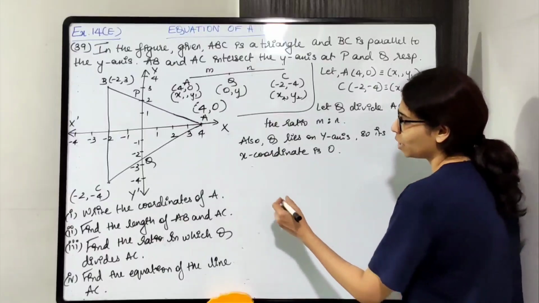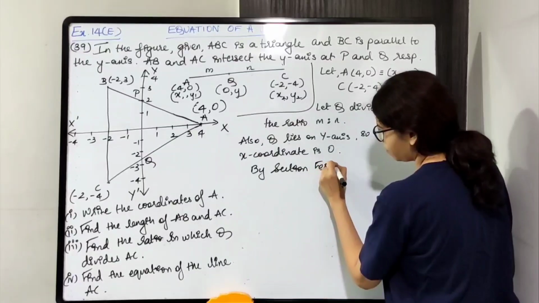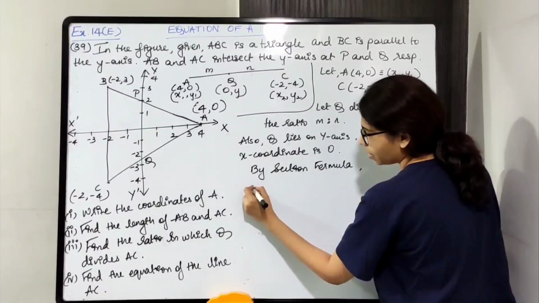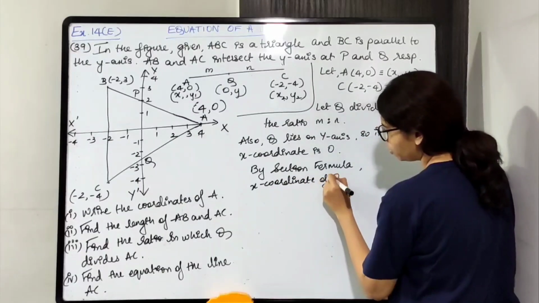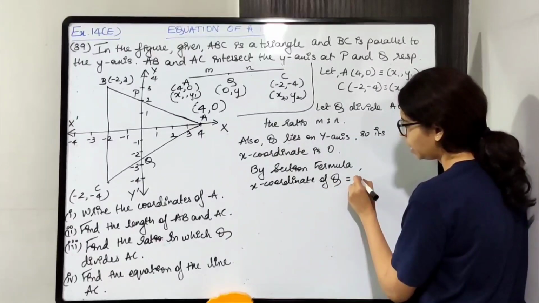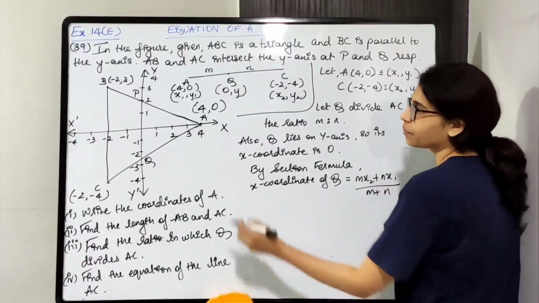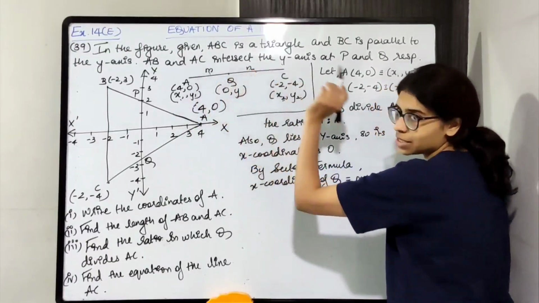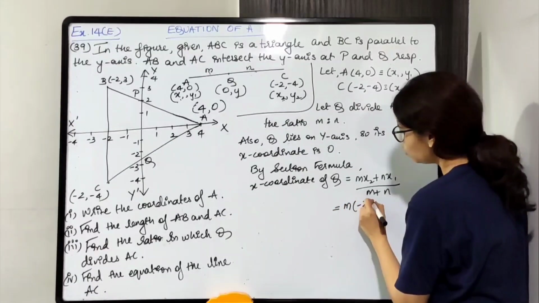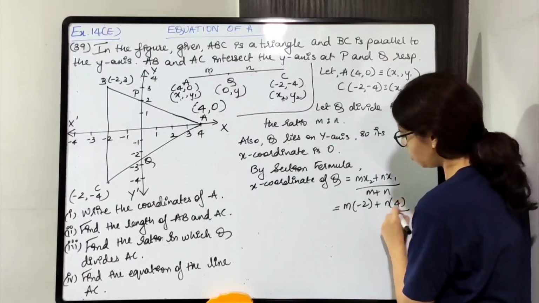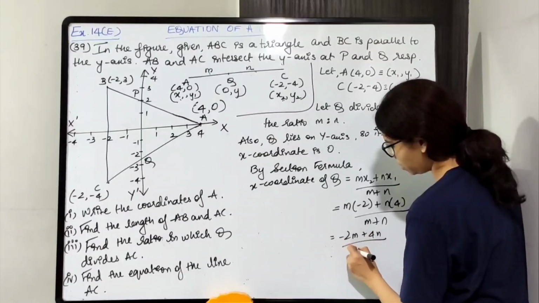So write down by section formula, x coordinate of Q will be mx2 plus nx1 upon m plus n, right? So it will be m into x2 is -2 plus n into x1 is 4 upon m plus n. That will give -2m plus 4n upon m plus n.